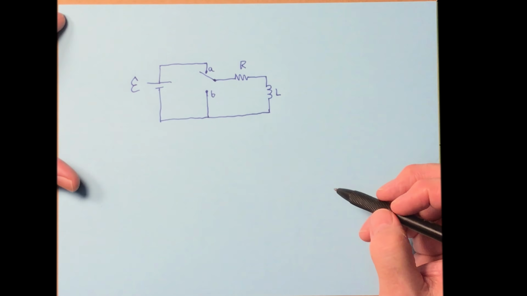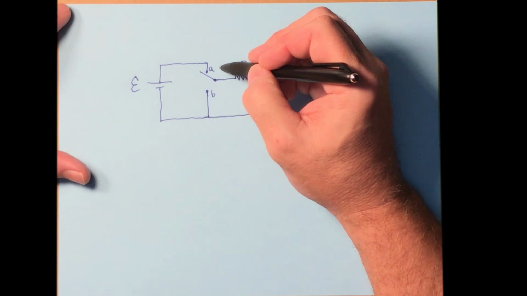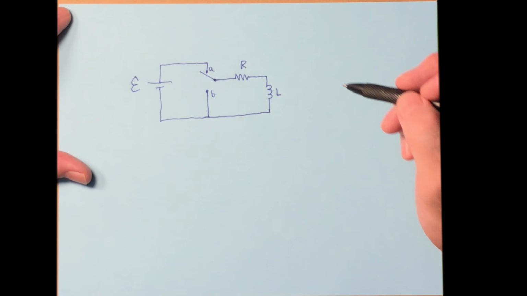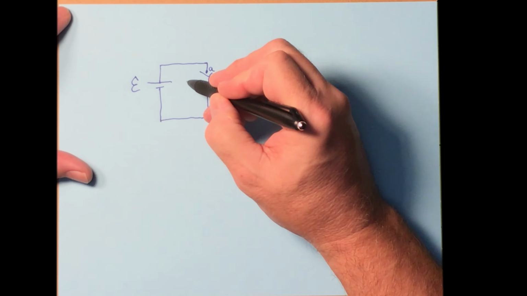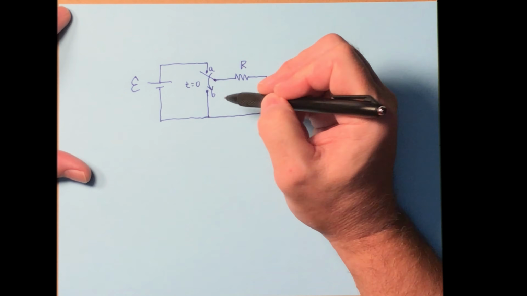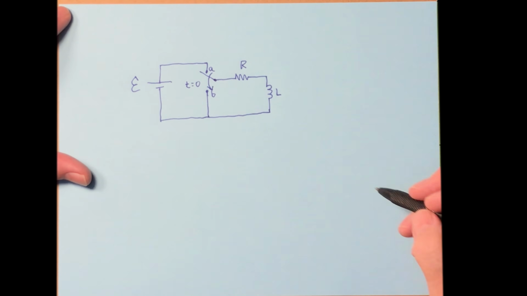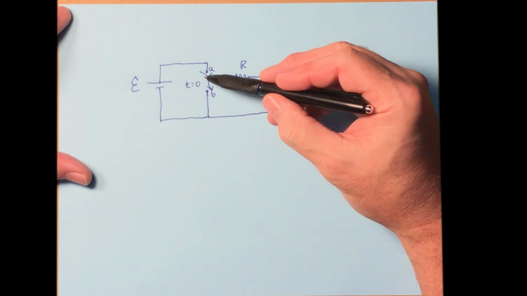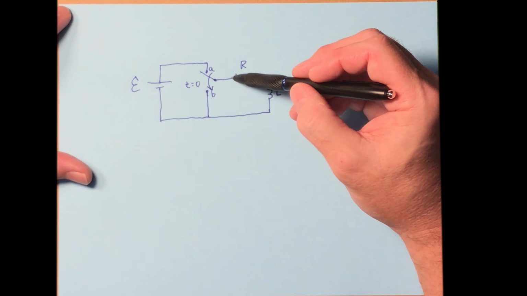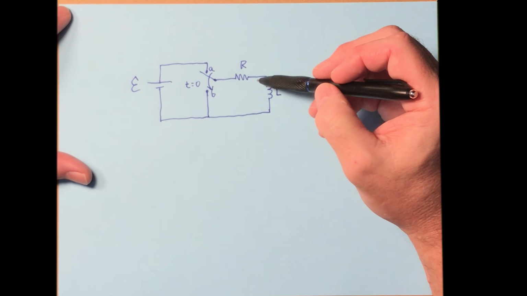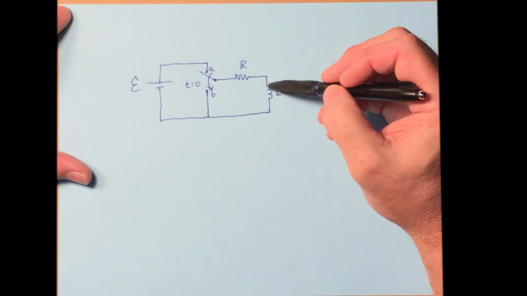And there's our battery. Now, it's up in the A position for a long time before t equals 0. So the switch is thrown downward here at t equals 0, from A to B. That means that before t equals 0, it's in the A position and there's a current going through the resistor and the inductor.